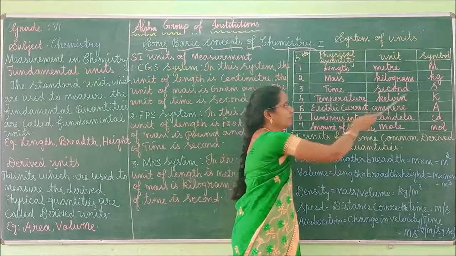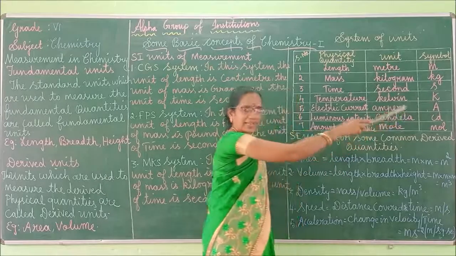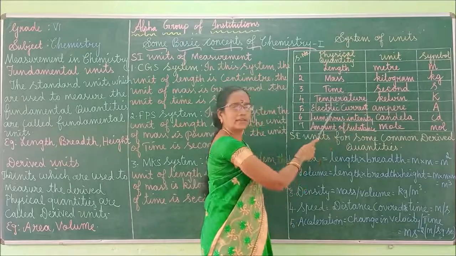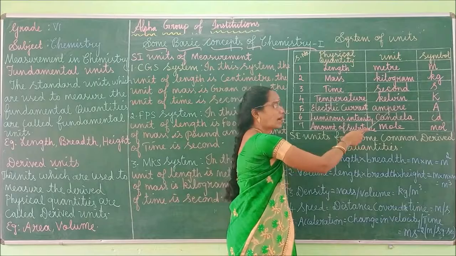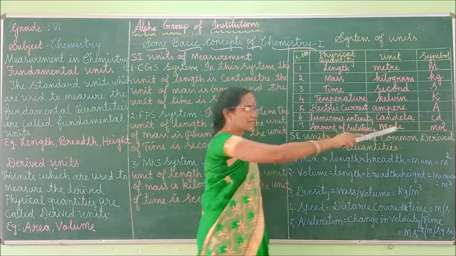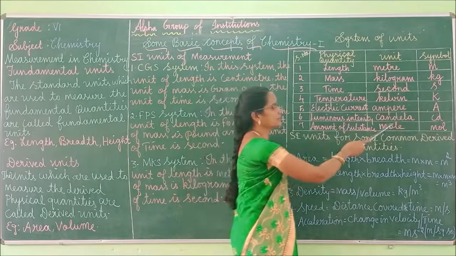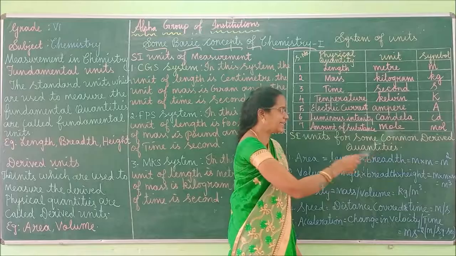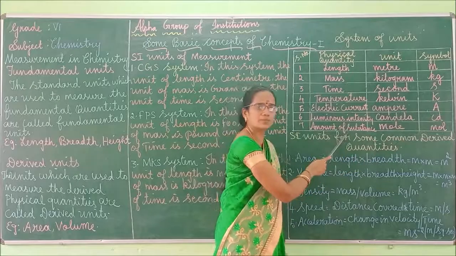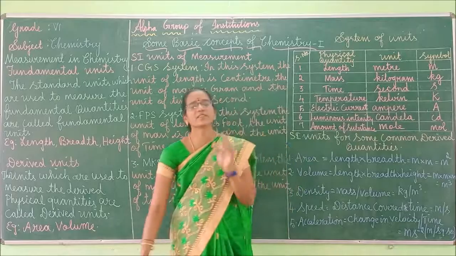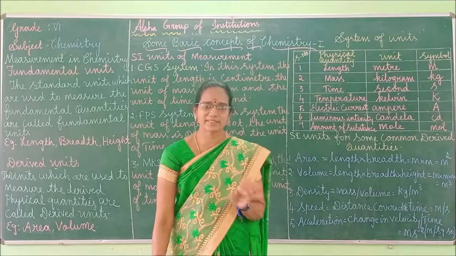Temperature is measured in Kelvin, its symbol is capital K because Kelvin is the name of a scientist. Electric current is measured in ampere, and since Ampere is the name of a scientist, we put capital A as the symbol. Next, luminous intensity is measured in candela, so its symbol is cd. Next, amount of substance is measured in mole, its symbol is mol. It's a very important detailed answer.